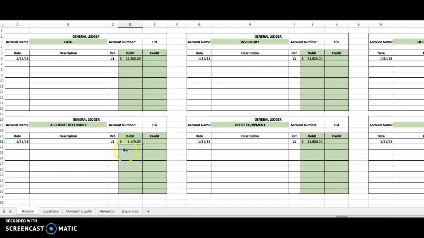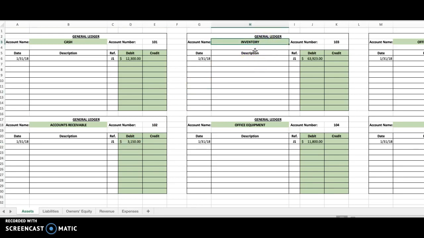The sub-ledgers would indicate the customers, their name, address, all that information, and specifically how much each one owes to us. This could be several people, could be 10, could be 20. This doesn't tell us. This simply says that people owe us a total of $3,150. If we would go to the sub-account, we could tell who those people are and how much each owes to us. We're going to hold that off till later.